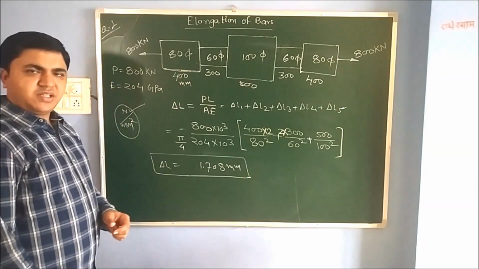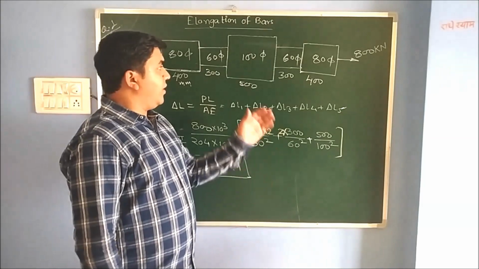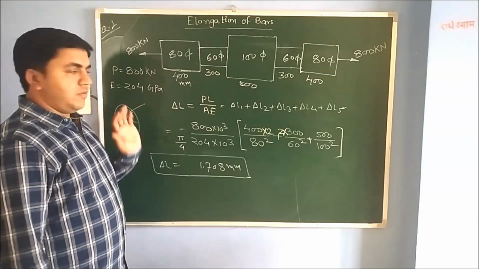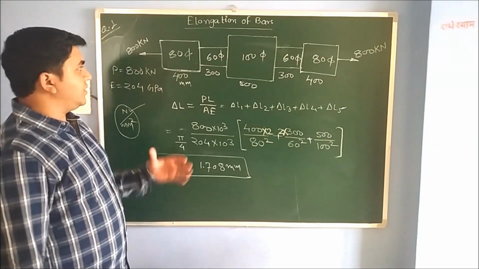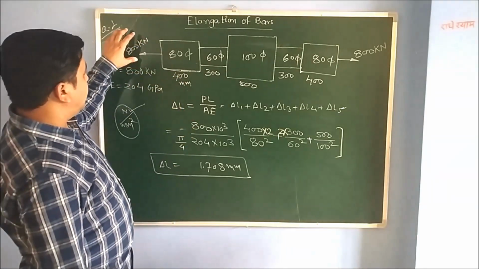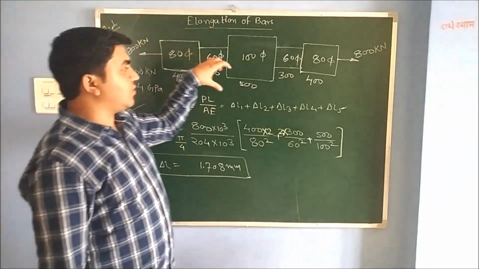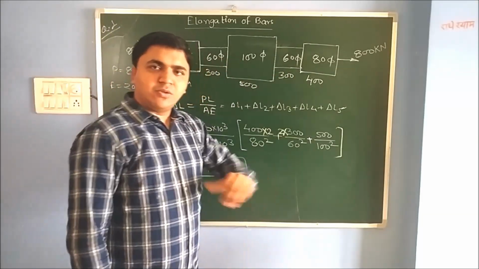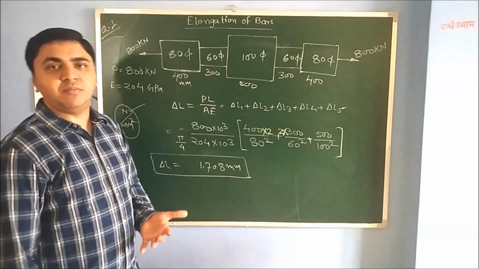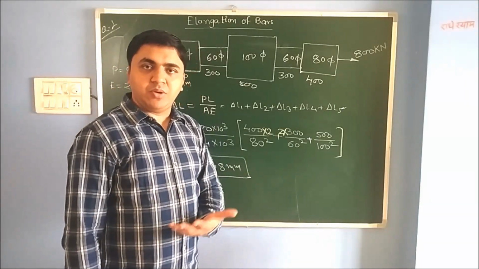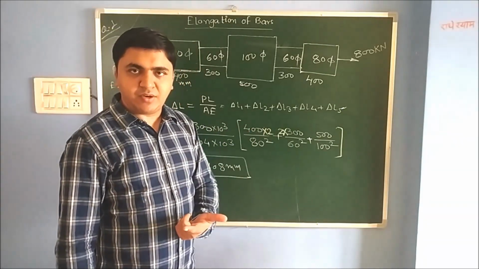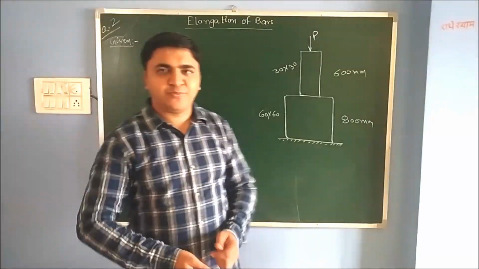This is a very simple problem; you only have to find the value of delta L. Here the load is given and you are supposed to find the elongation. We'll see one more problem, the opposite one, where the elongation or contraction is given and the load needs to be found. So let's see the next problem.